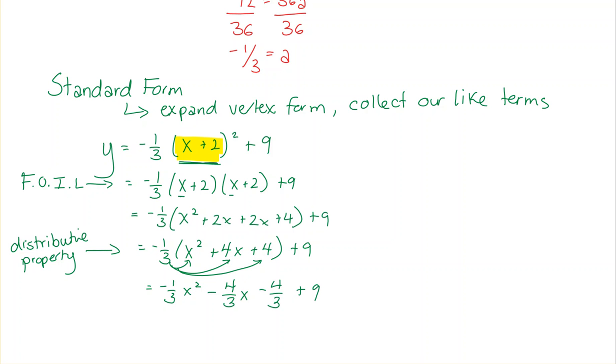If you want to simply look at how we did that multiplication here, well, -1/3 times 4, that's the same as -1/3 times 4/1. You multiply your numerators and denominators, and you're left with -4/3. Okay.